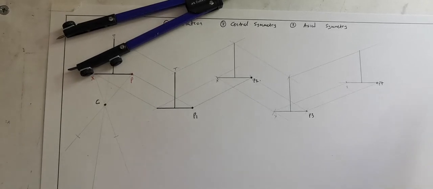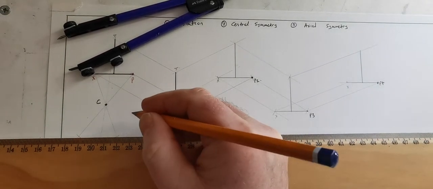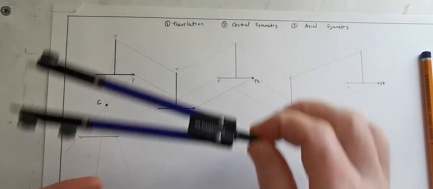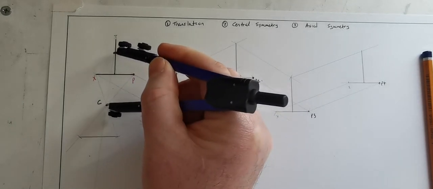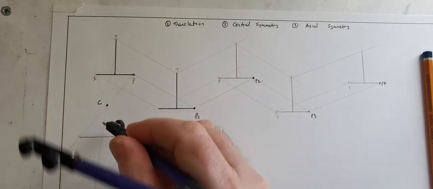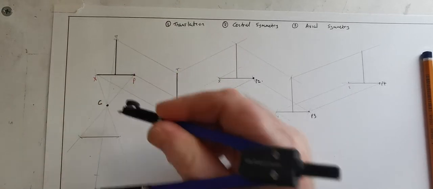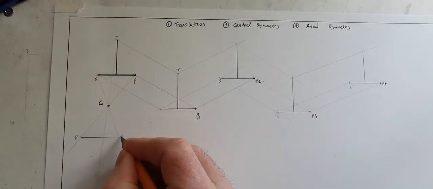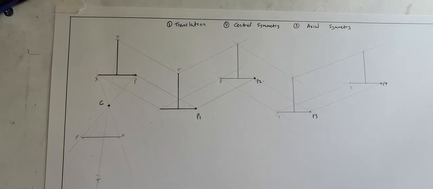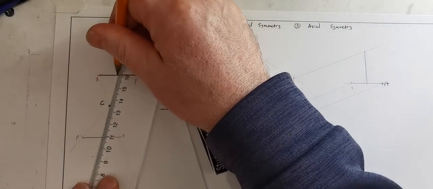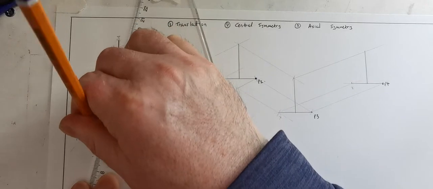So I can join P and X, and finally, however far T is above the center, it goes that far below the center. So that's P, that's X, this is T, and finally where the T hits, I'll bring that down through the center as well.